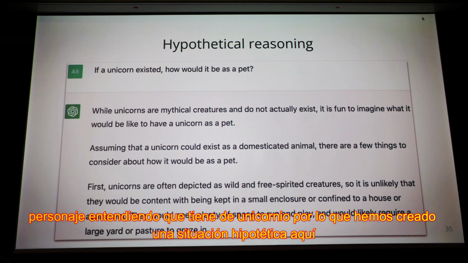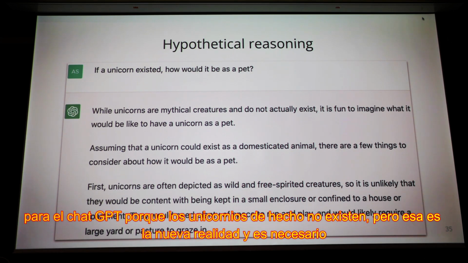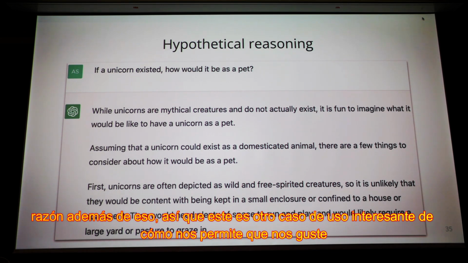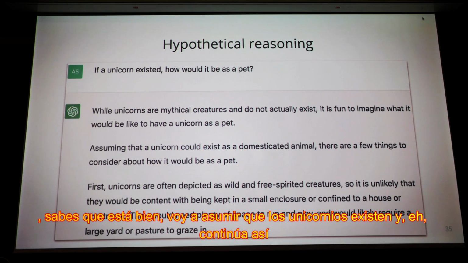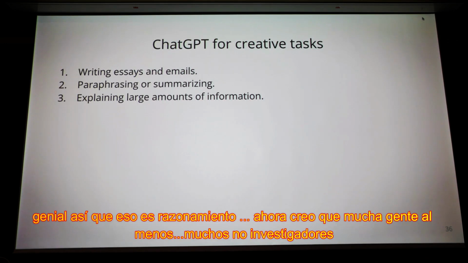We've created a hypothetical situation here for ChatGPT because unicorns don't in fact exist, but that's the new reality, and you need to reason on top of that. It's like, okay, I'm going to assume that unicorns exist and go on. So cool, that is reasoning.